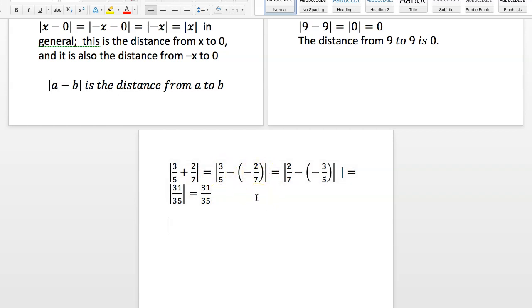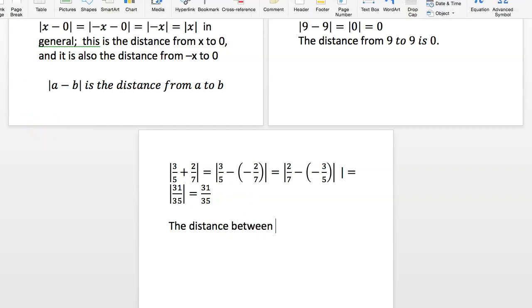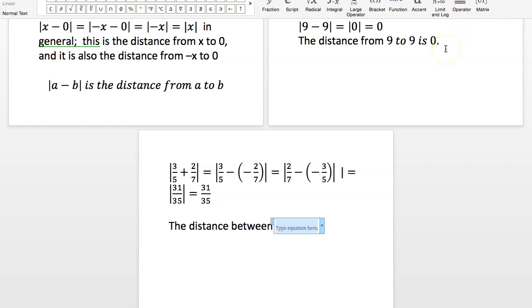So what about it? The distance between, and let me get my pretty equation editor, the distance between 3/5 and negative 2/7 is 31 over 35.